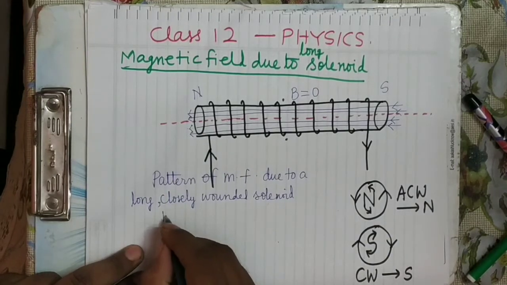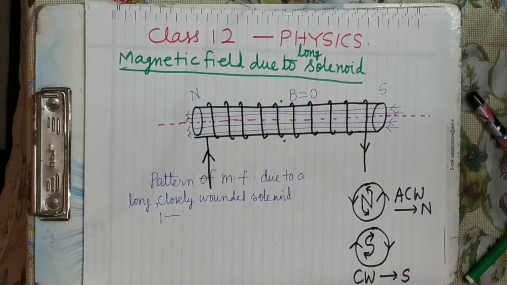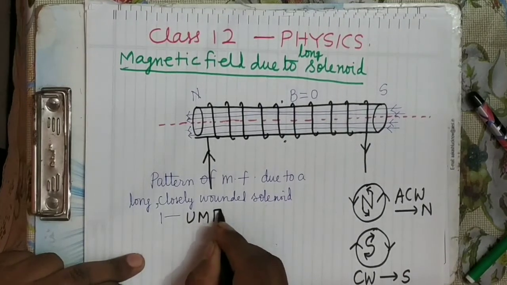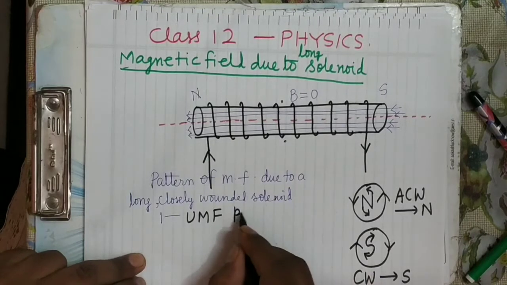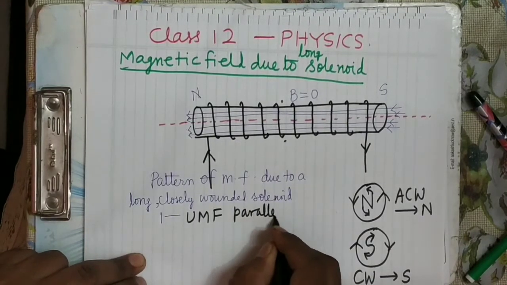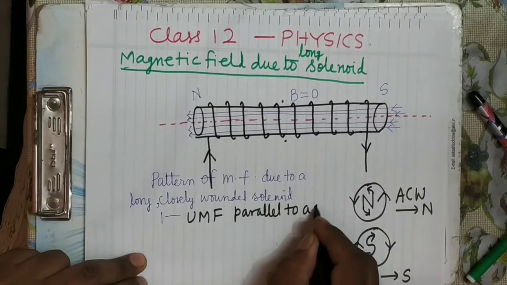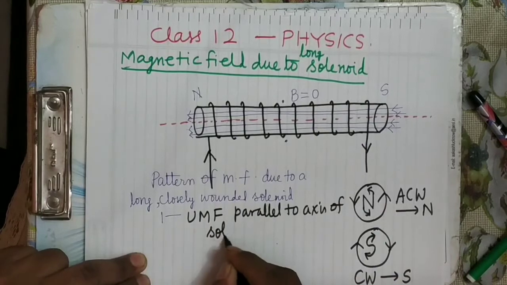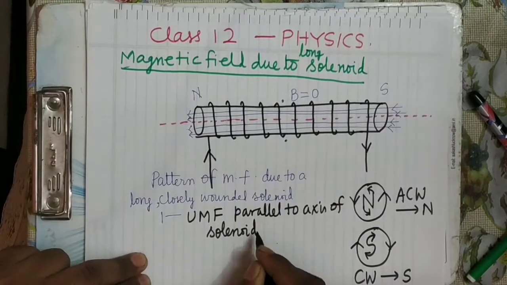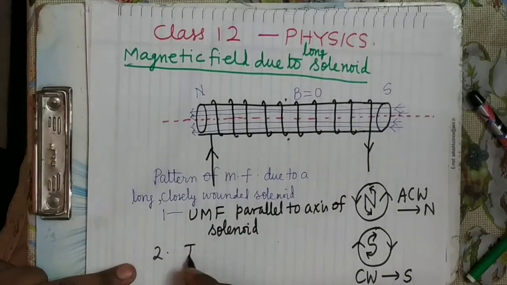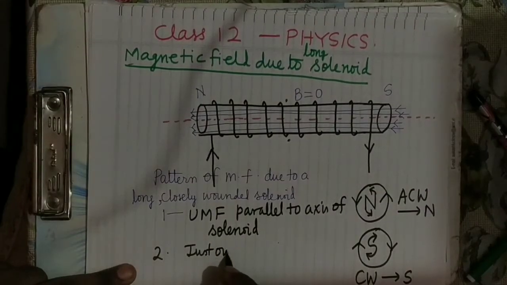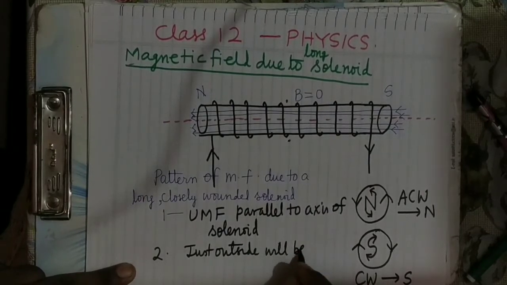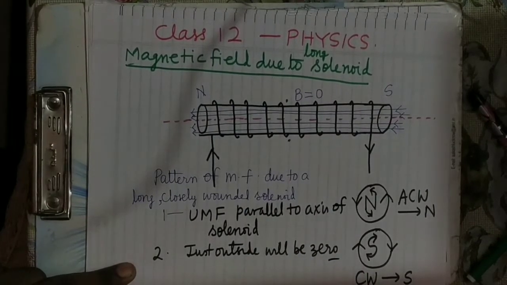First, there will be a uniform magnetic field parallel to the axis of the solenoid. Second, just outside, it will be zero.